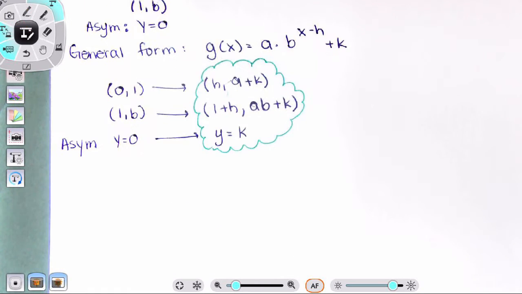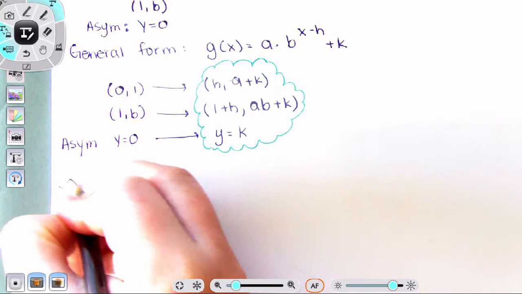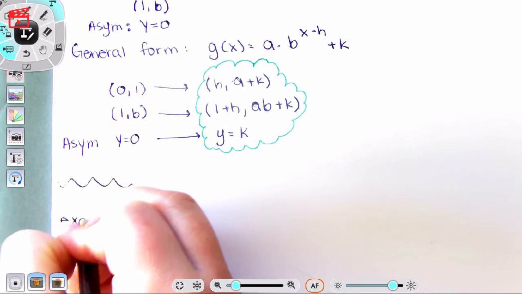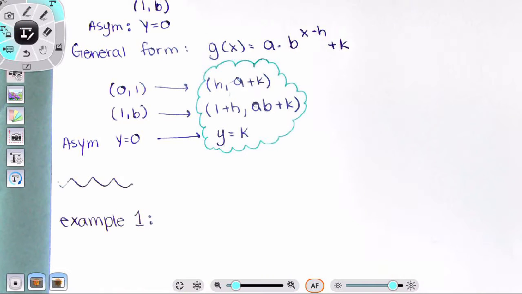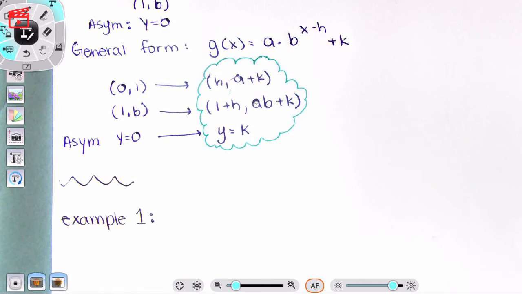All right, so let's go ahead and start with example number 1. Let me shift this up a little bit. I'm actually going to switch colors. Let's go to black. Example 1. I'm doing graphing exponential functions.